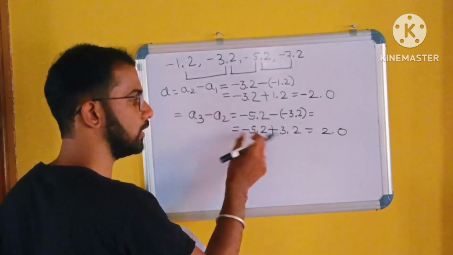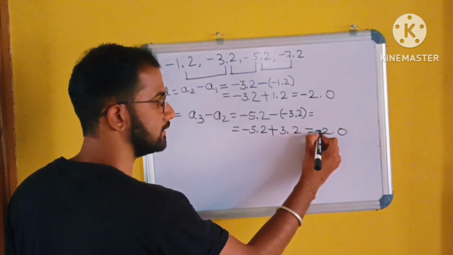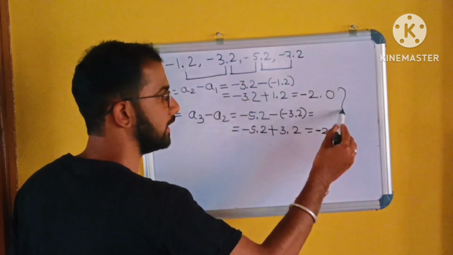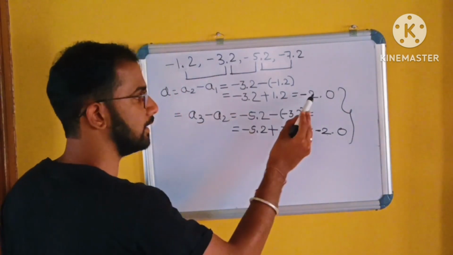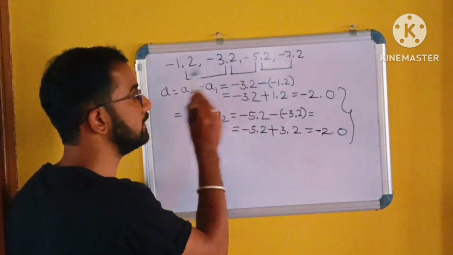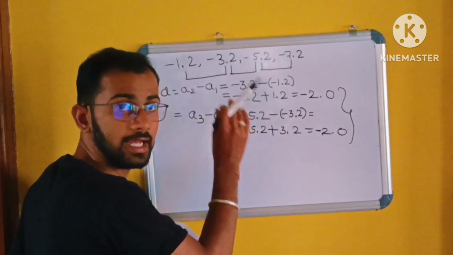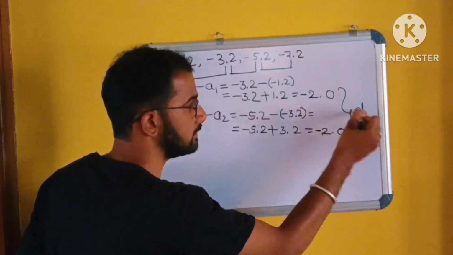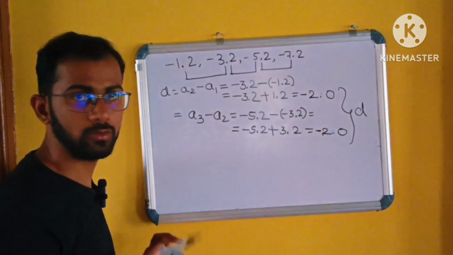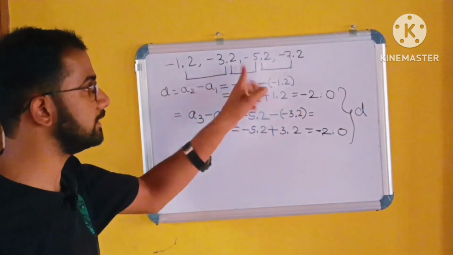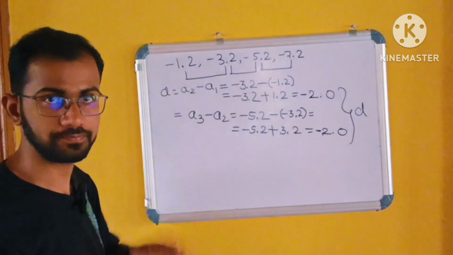The sign before the larger number is minus, that's why we need to put minus. So see here, we got a common difference of minus 2 for these consecutive numbers. Hence, this common difference is fixed for any two consecutive pair. That's why the given sequence is in arithmetic progression.